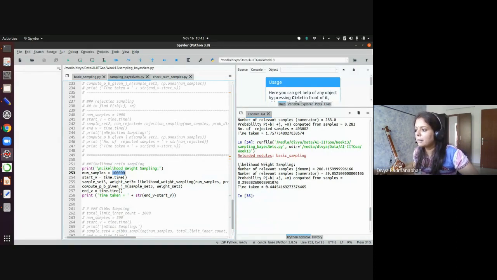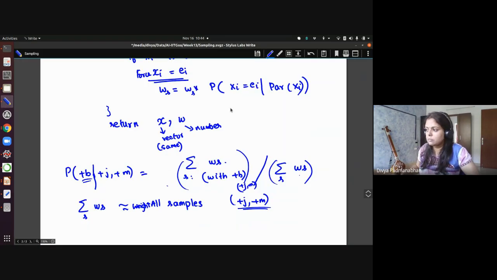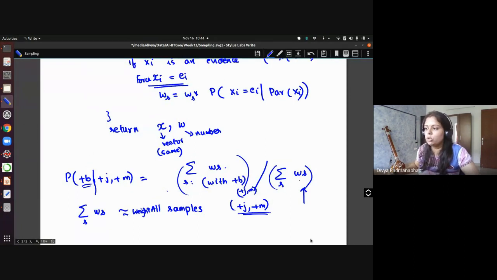Now this number is the number of relevant samples in the denominator. So basically this part, right? The denominator for this expression is what I got here and what I'm reporting, and the numerator is the sum of the weights corresponding to the relevant quantity that I want.